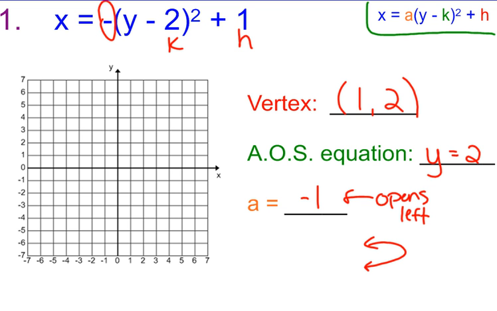Okay, so I go to 1, 2, and I plot my point. Here's where it's really nice for us to know how a parabola moves, and we have that pattern memorized. When a is 1, our parabola goes up 1, right 1, doesn't it? So you kind of have to turn your head sideways and make your parabola go up 1, right 1, and put a dot there, and then up 3, right 1.